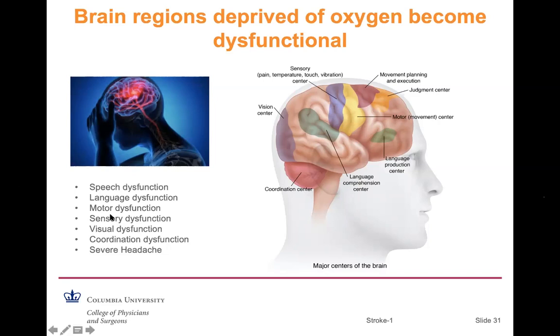The visual cortex also can be affected if the arterial branch supplying it is affected. If the cerebellum is affected, you can lose coordination in your body. And obviously, if you have a stroke, all the inflammation that takes place, and all the chemicals that are spilled from the dying cells, can trigger pain receptors and cause a severe headache as well.